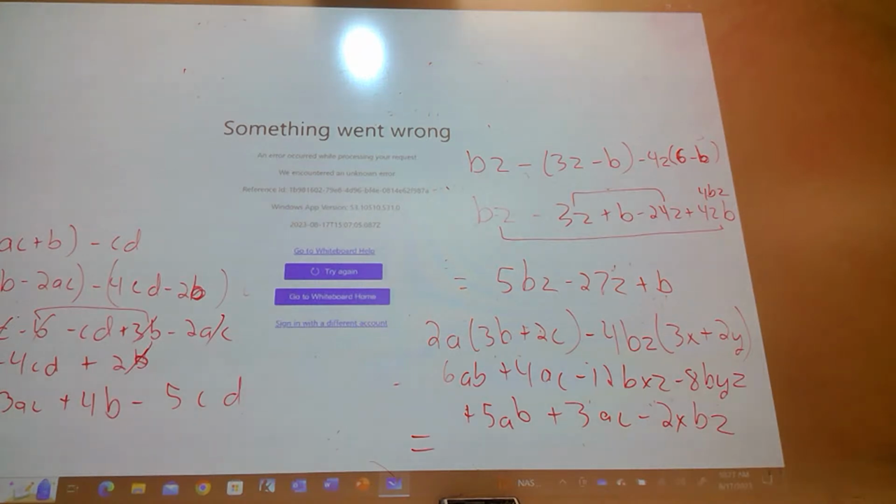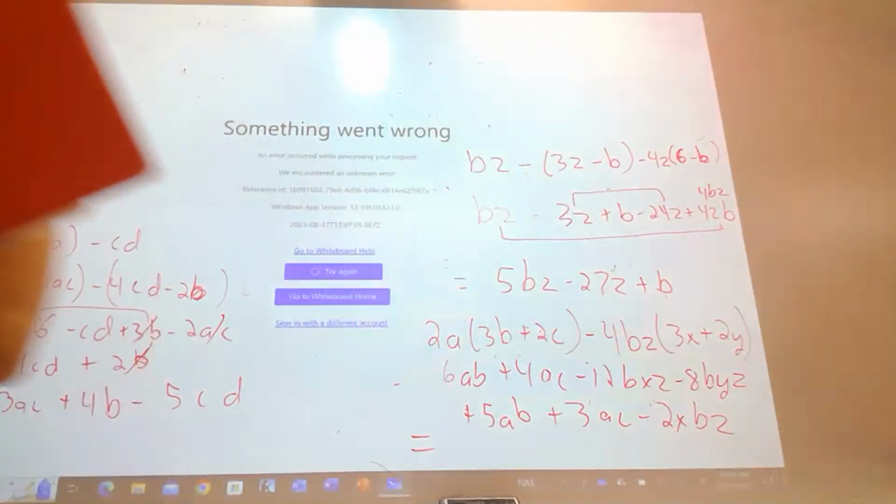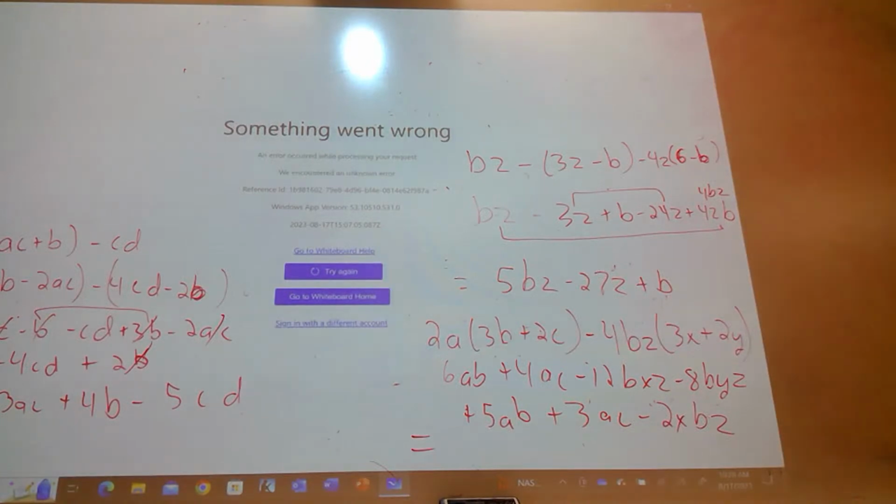So you look which ones have the same letters. Good. So we have 6ab and 5ab. That gives us 11ab.